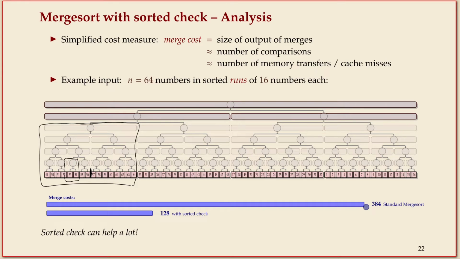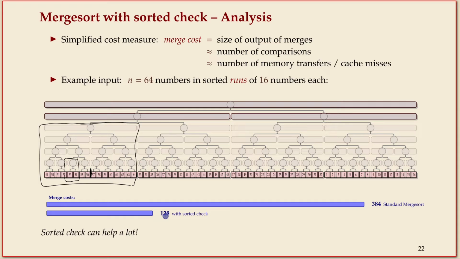Also, the algorithm still has to produce this merged output. So you could pretend merge cost is the size of the merges, which is the number of writes that you have to do. And so if standard merge sort in this case needed 380, we now are down to a third of that.